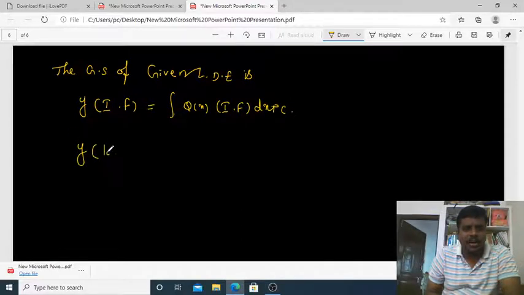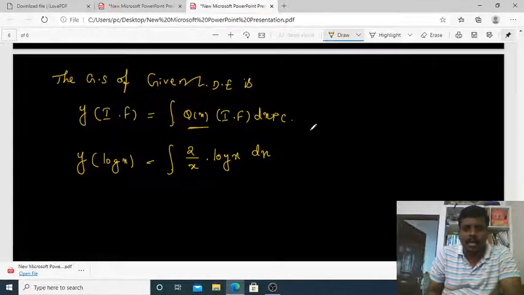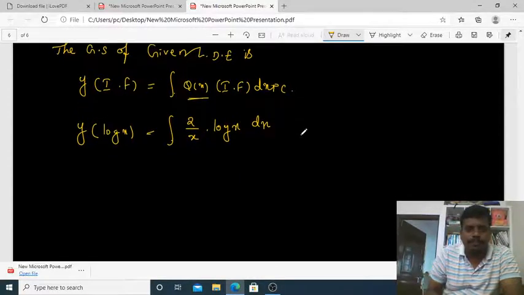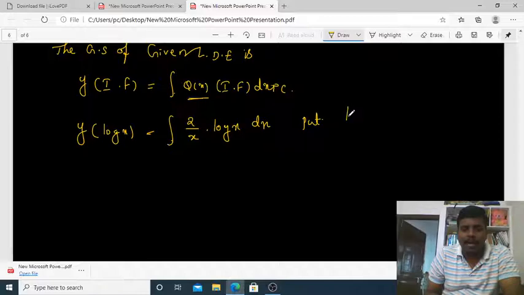So y into log x equals integral of q of x, here 2 by x into log x dx. Now we can put 1 by log x equals t. Now 1 by x dx equals dt.